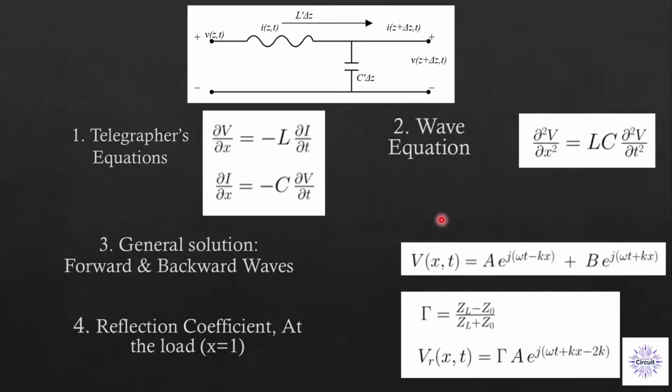So let's go. Let's talk a little bit about transmission line theory and the methods and ways we try to model them and use them when we are designing high frequency circuits.